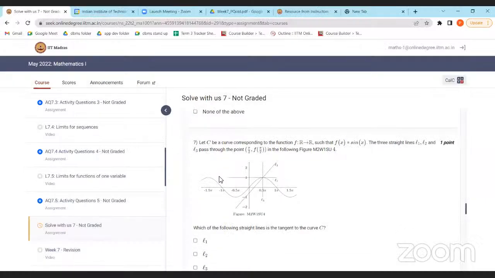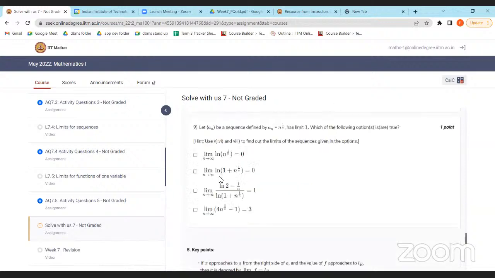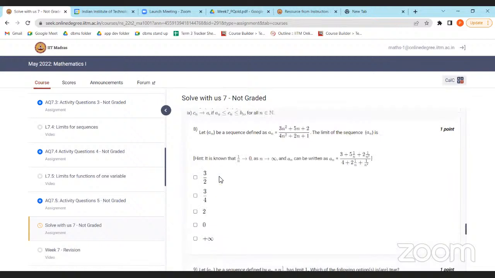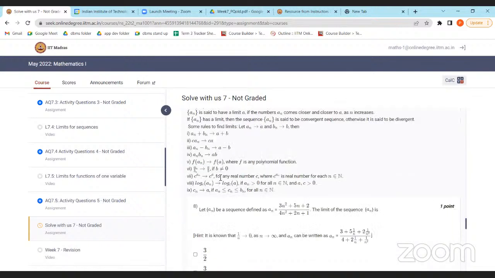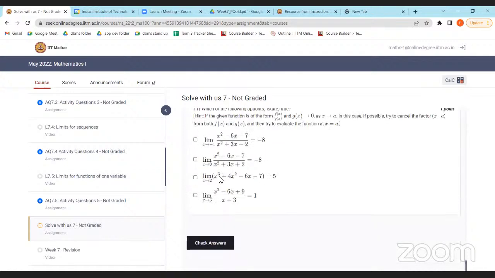Solve with Us is basically the practice assignment. Which question number? I am sharing my screen. It is a_n equals n to the power 1 by n. You can tell me the question number.